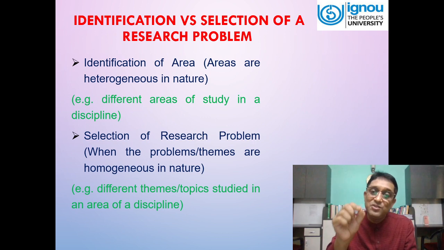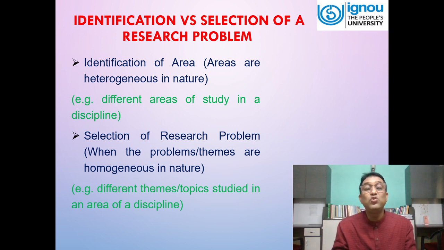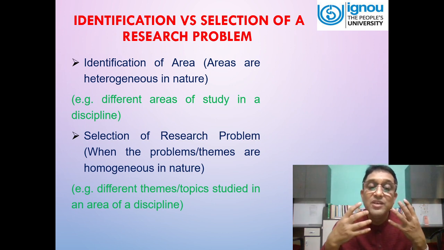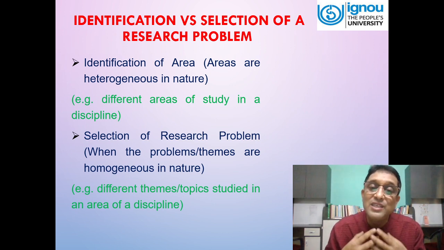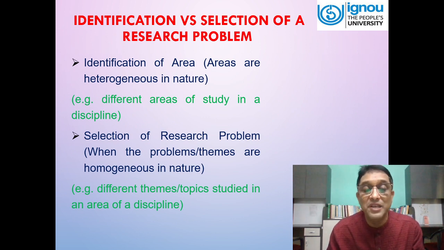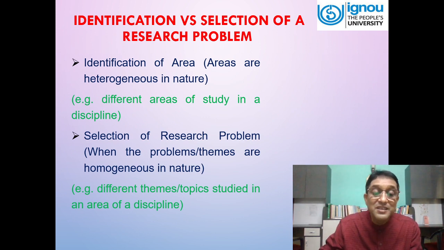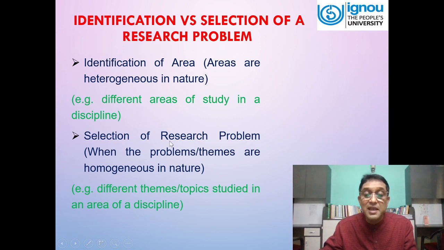Let us say here it is educational psychology. So what are the different themes and issues in educational psychology, so that you can select a problem, a topic for your study. So that is why in the second criterion here, selection of a research problem, the problems or themes are homogeneous in nature.